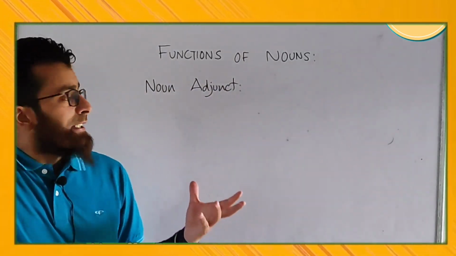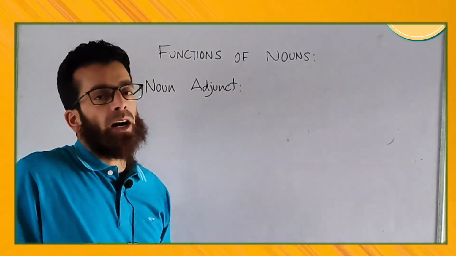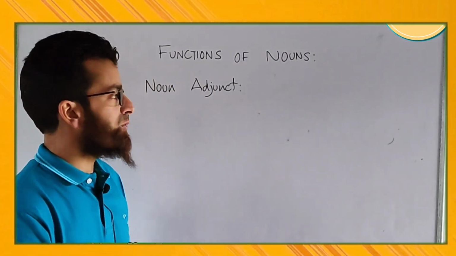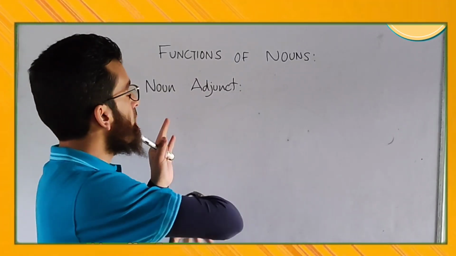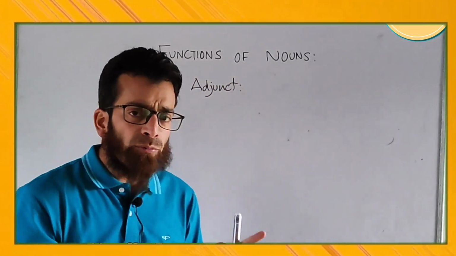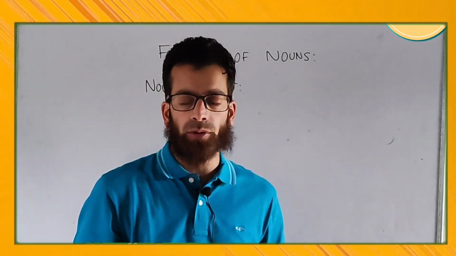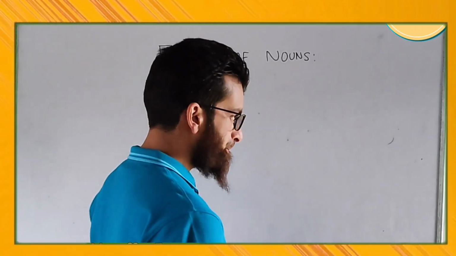So you can call it attributive noun, you can call it qualifying noun. Don't worry, there might be some grammar books where you see the entry attributive noun. That is the same thing. When you say it is qualifying noun, that is the same thing, noun adjunct. And when we say that a noun is in adjunction, I will give you a simple example.